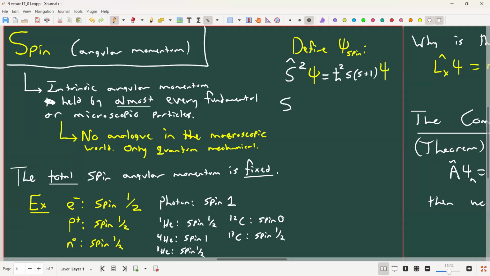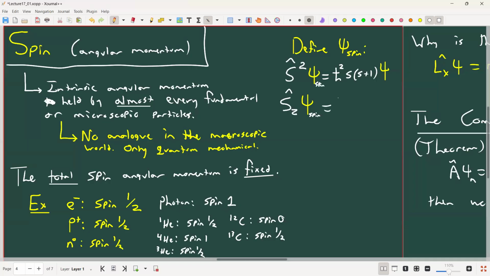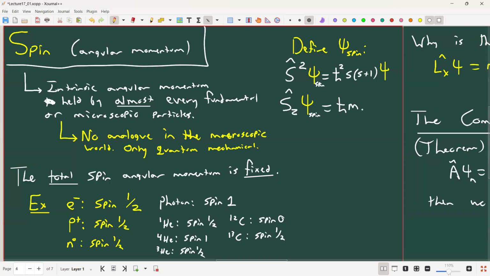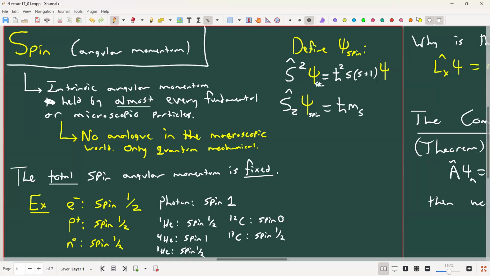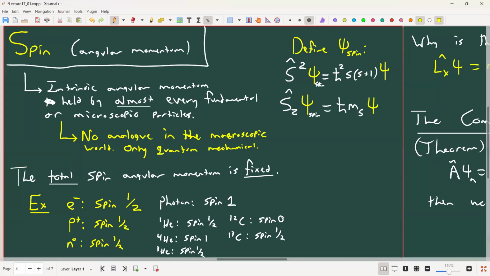And there's an Sz operator that applies to the spin wave function, which gives us what we call h bar m sub s times the wave function. Exactly the same behavior, exactly the same formulas as our orbital angular momentum. We just have a new number, s and m sub s, for the spin.